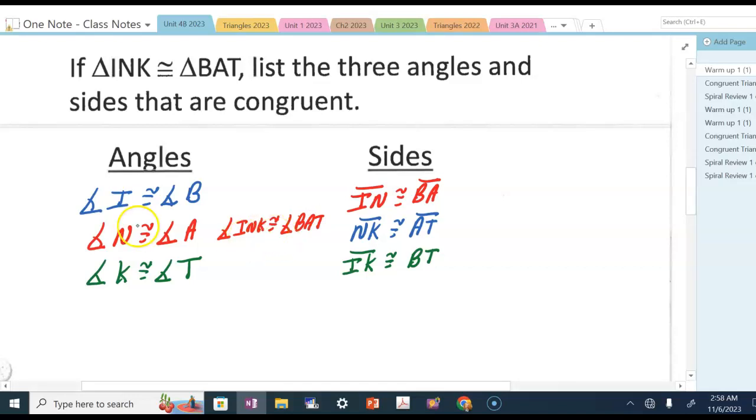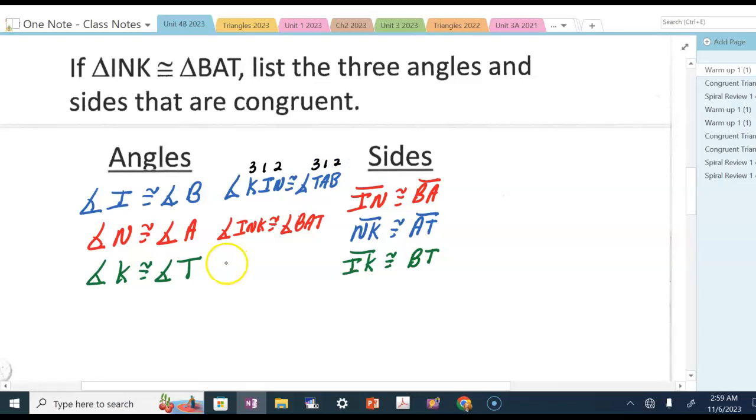For the blue, I could go angle KIN, so I did third letter, first letter, second, congruent to angle TBA. So I'm saying the third, first, second letter, third, first, second letter.